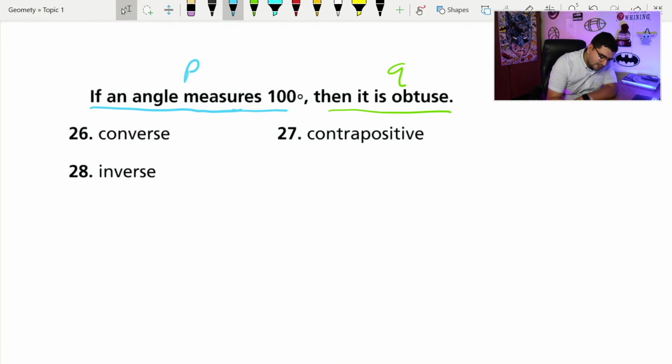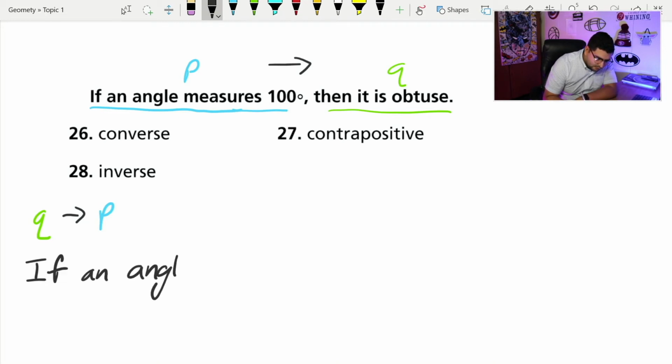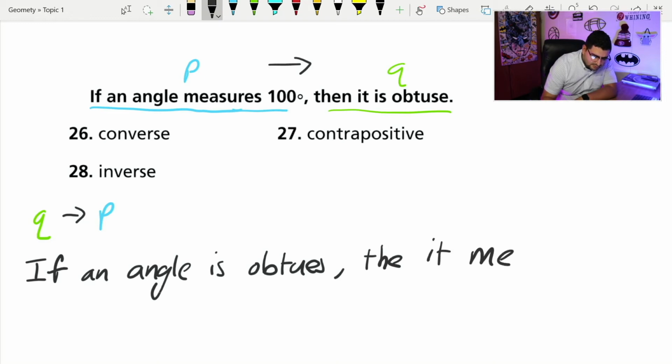Instead of saying P then Q, our converse is Q then P. So I'm going to go ahead and say, if an angle is obtuse, then it measures 100 degrees.